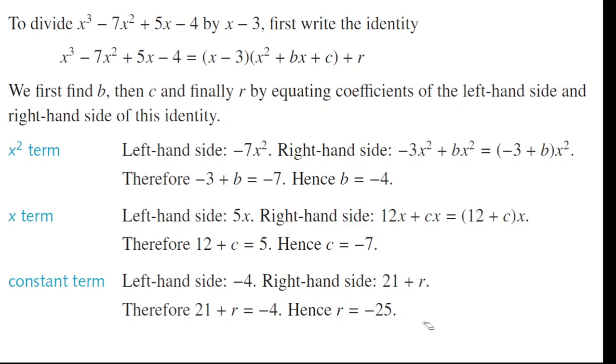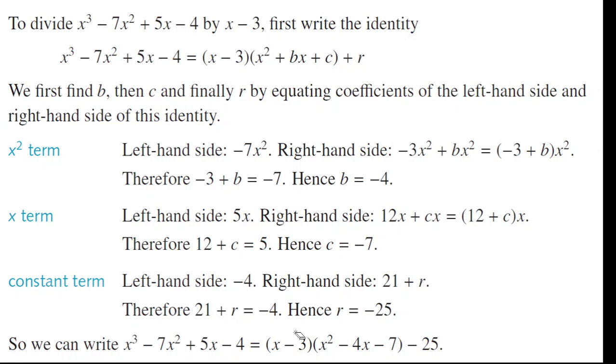So here is an alternate method, instead of a long division, to determine the remainder and the quotient. And the alternate way, instead of writing a division, is your divisor times your quotient plus your remainder.